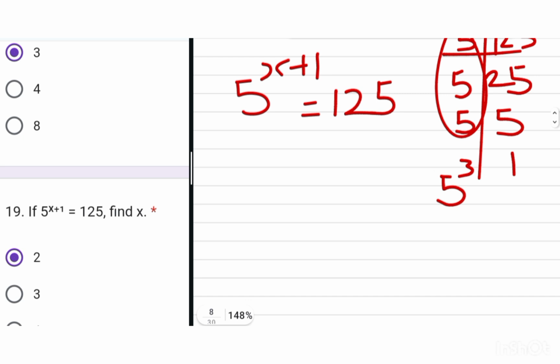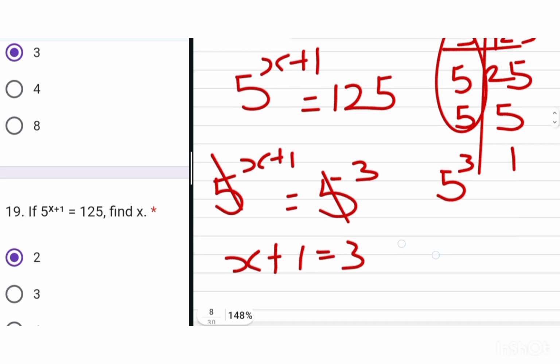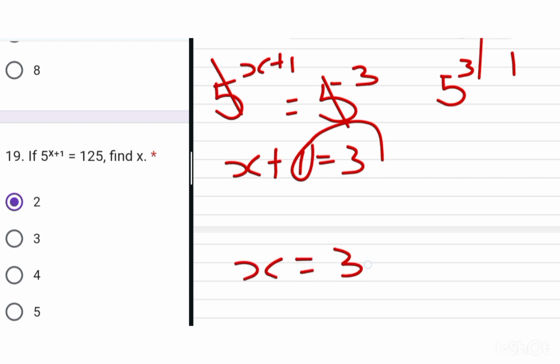So we write 125 as 5 raised to power 3. So we have 5 raised to power x plus 1 is equal to 5 raised to power 3. Cancel out the base. We have x plus 1 is equal to 3. Take 1 to the other side. We have x equals 3 minus 1, which is equal to 2.